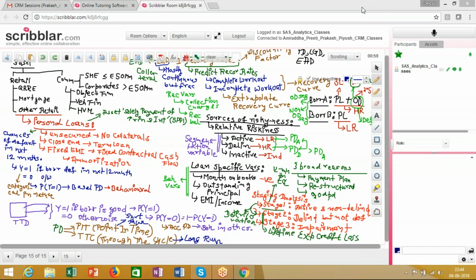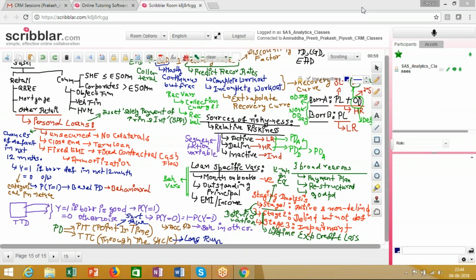Now let's think in more detail about what exactly is the idea of this probability of default. How did this probability of default occur?